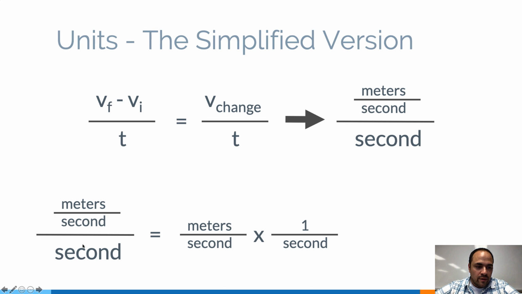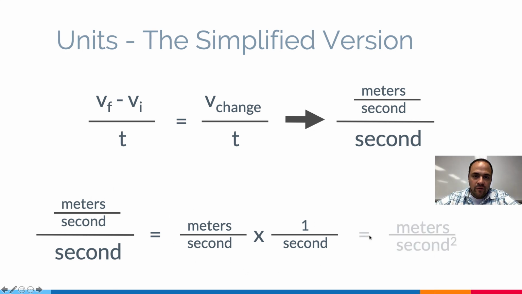These are equivalent. This formula and this formula here are equivalent. We get a simplified unit of meters per second squared. So that's typically how we're going to write units of acceleration. We typically use this unit in this class, meters per second squared. It's just a simplified version of meters per second per second.